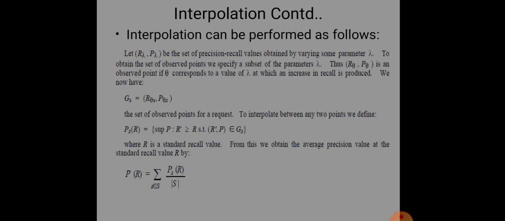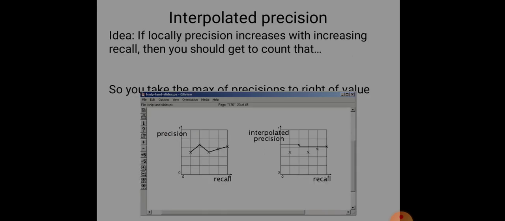Hope it is clear. In that picture you can see there is a line. That means we will be taking the same value in between these observations. This is a representation of this interpolated precision.